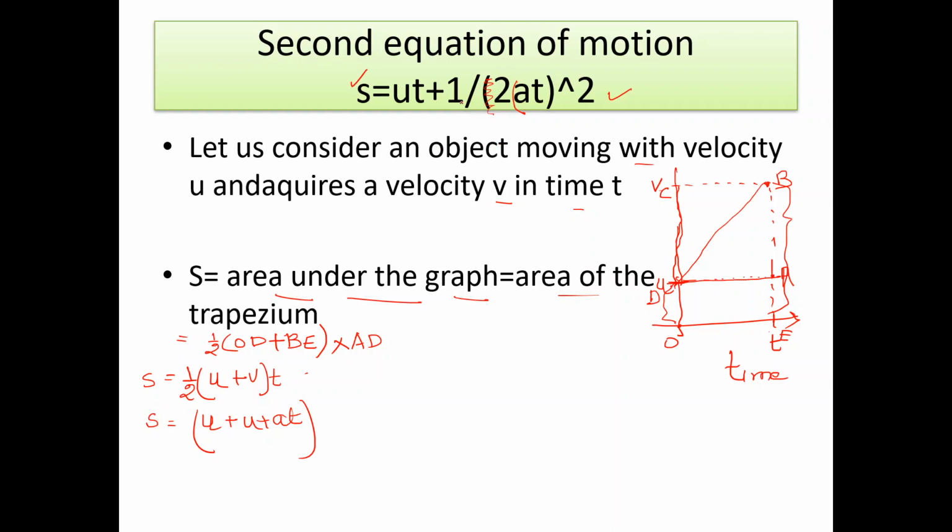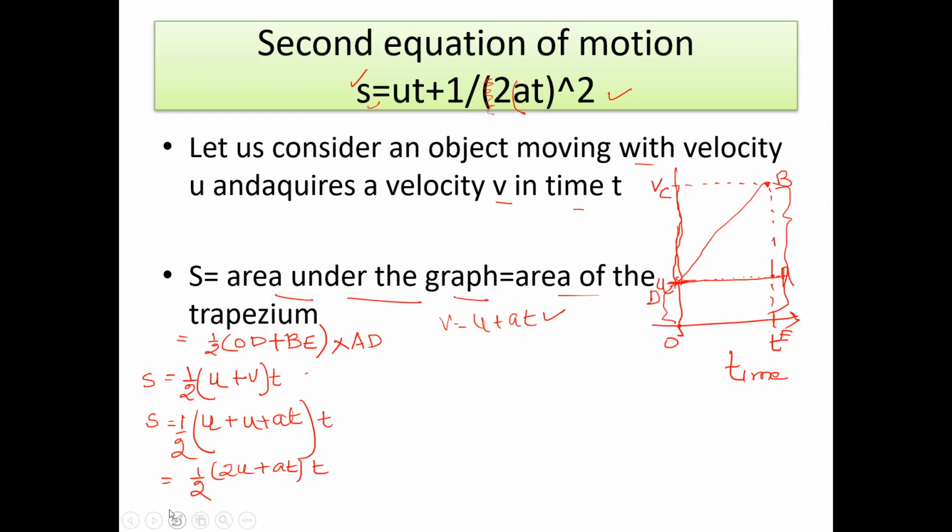In the second equation, we have to calculate distance in terms of u and acceleration. So S is equal to half u plus v. What is v from the first equation? You know, v is equal to u plus at. So we will put this value over here into t.